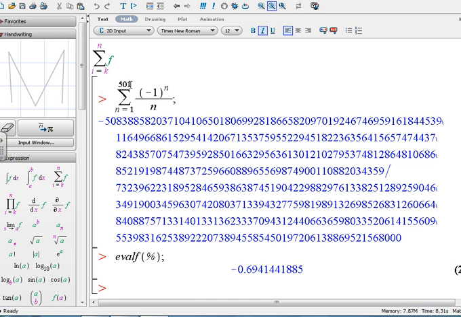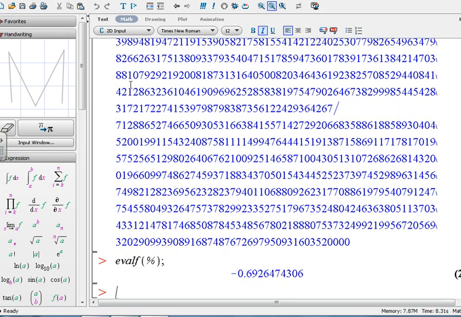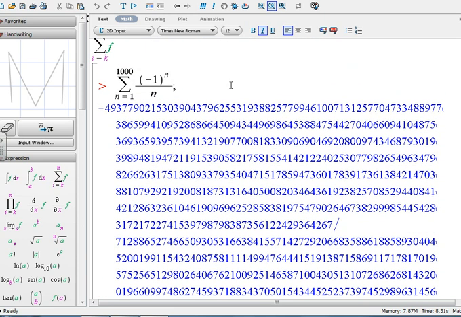Minus 0.69. Okay, so it looks like we're going to get there. We'll do the 1,000 guy again. Minus 0.69. All right. So it looks like we are in fact converging.